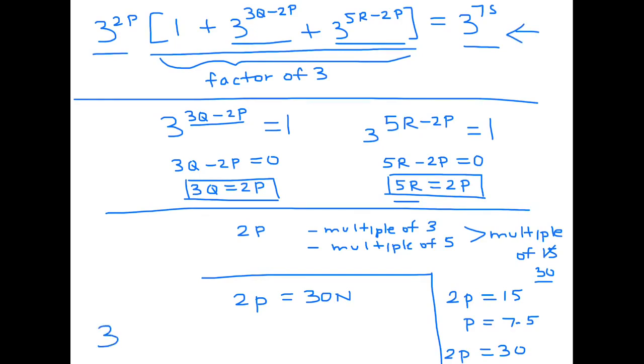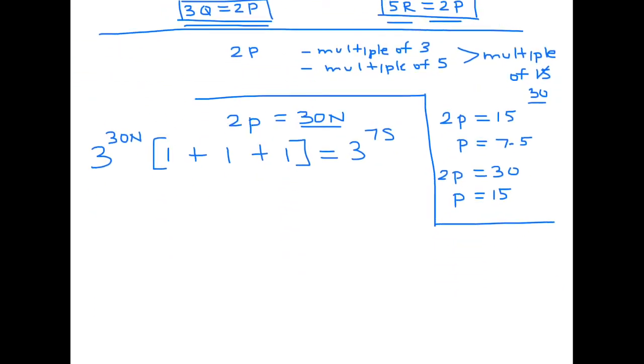We have 3 to the 2p, but we're calling that 30n. And then we have 1 plus, remember, 3q equals 2p, so that means this became 1. 5r we set to be 2p, and this became 1. And we've got this lone 3 to the power of 7s.